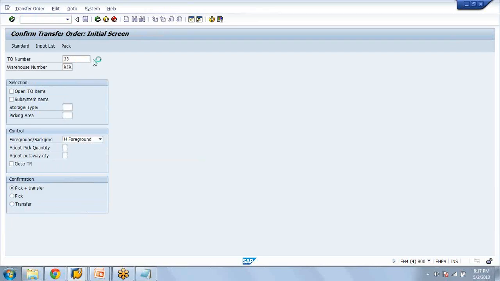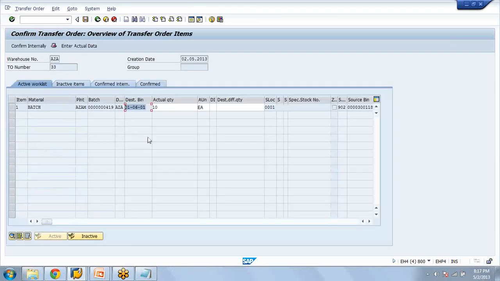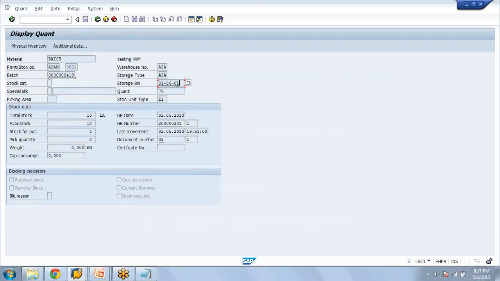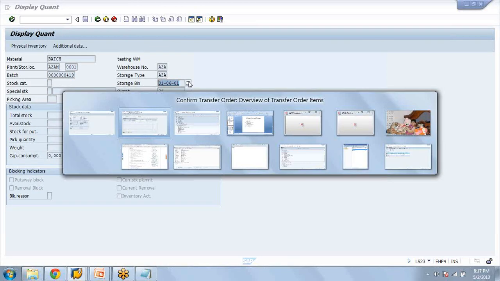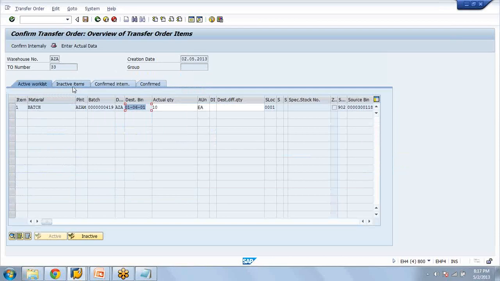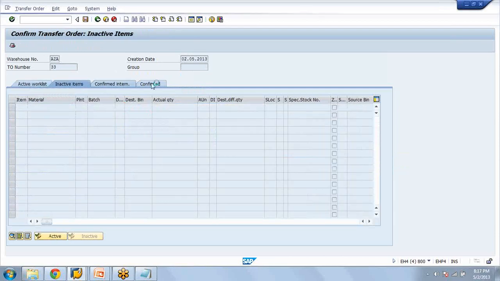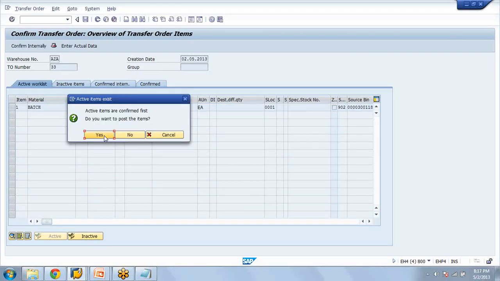So what it has done, it has picked storage bin 010601. See? Same storage bin, right? Did you see this? So it has confirmed. Now we'll see how much stock is there.